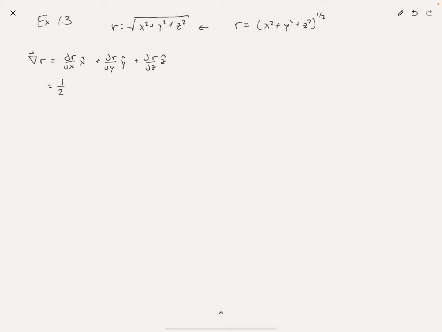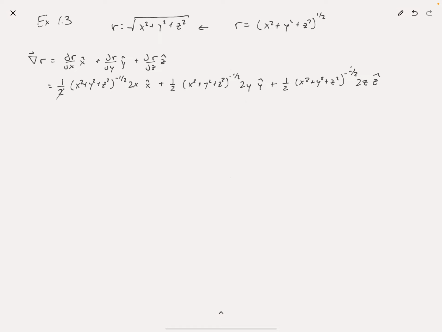I get this whole thing again, x squared plus y squared plus z squared, but now it's to the minus 1/2, and then the derivative inside with respect to x becomes 2x, or call it x hat. Okay, the second term looks very similar. 1/2 (x squared plus y squared plus z squared) to the minus 1/2 times 2y, y hat, plus 1/2 (x squared plus y squared plus z squared) to the minus 1/2 times 2z, and z hat.